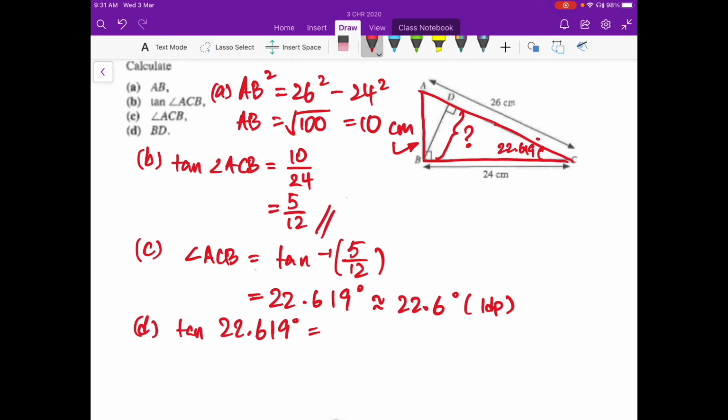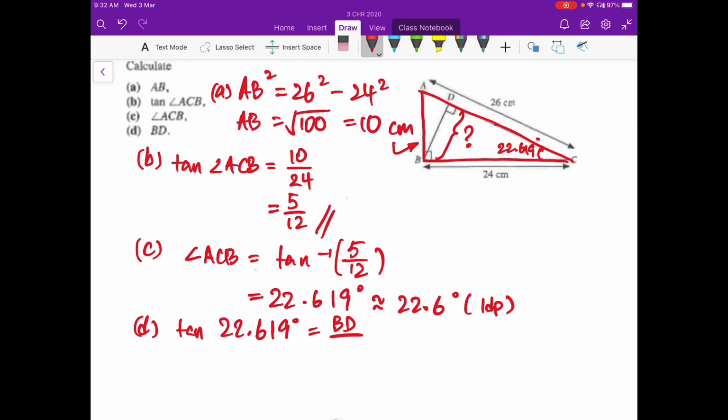So what's your opposite and adjacent? BD over what? 20. 26. Over which one? What number do you say? 24. Did you say 24?